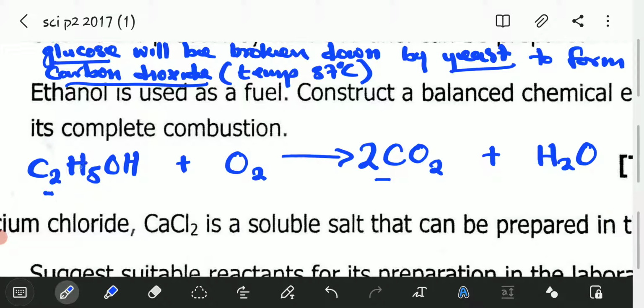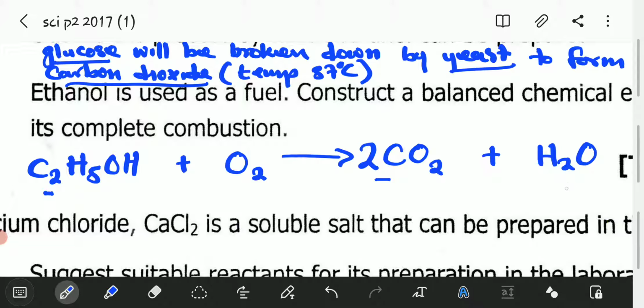We have 5 here plus 1 there, so 6 hydrogens. On the product side, we only have 2. What do we do to 2 to turn it into a 6? We multiply it by 3.